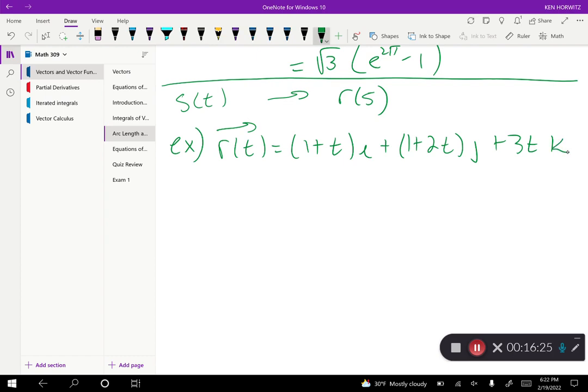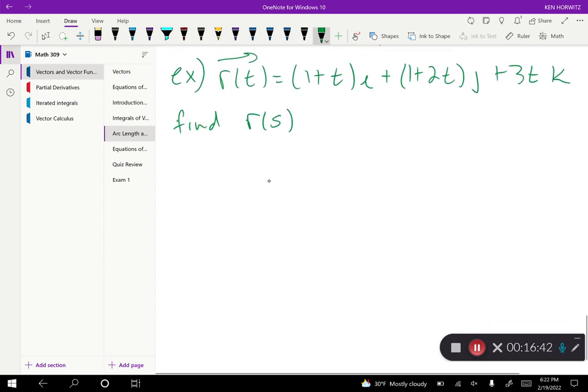All right. So we want to find our vector r in terms of s. And like I said, we would do this in an effort to make our life easier in solving a larger problem.